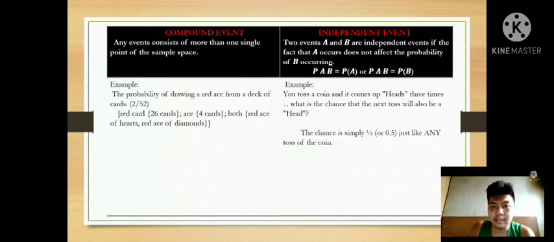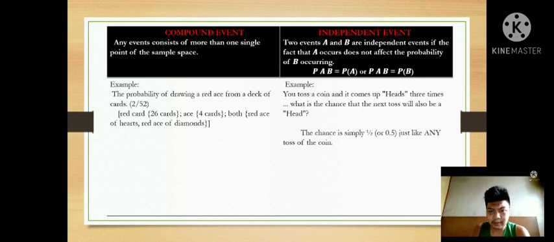Number 8, independent event. Two events A and B are independent events if the fact that A occurs does not affect the probability of B occurring. The formula is P(B|A) equals P(B), or P(A|B) equals P(A).